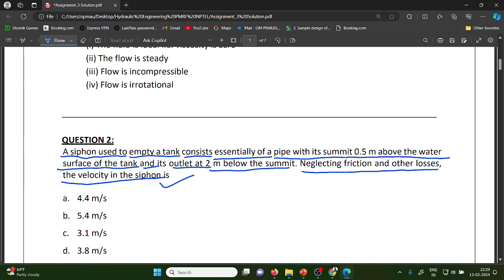So in this question, velocity in the siphon is being asked.